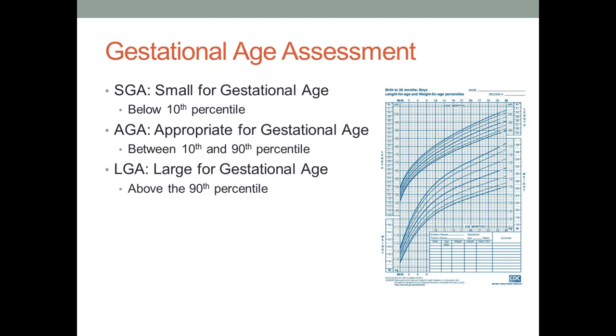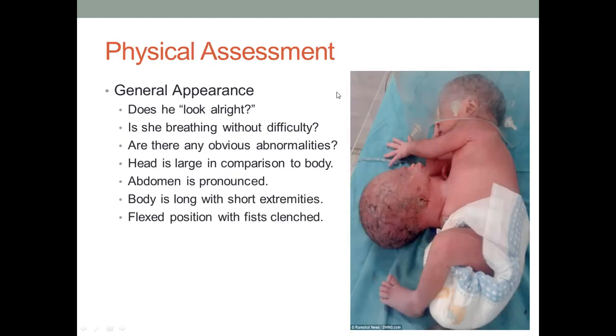Anything above the 90th percentile is large for gestational age. All right, so that is the new Ballard score in a nutshell.